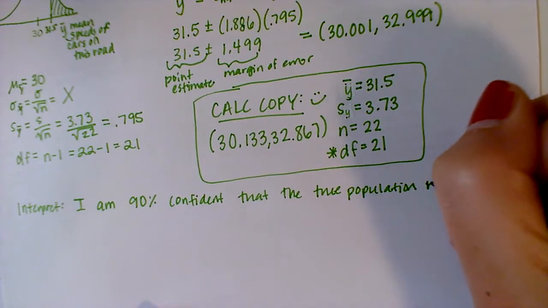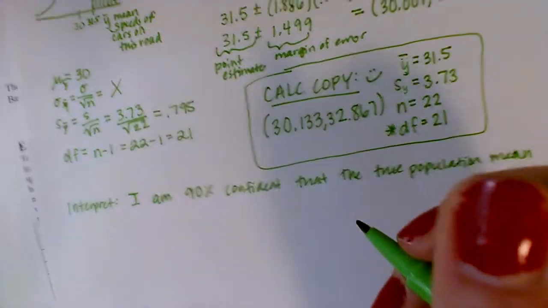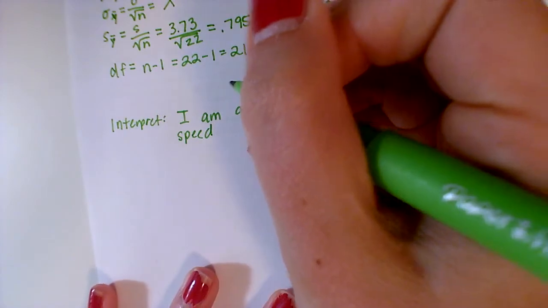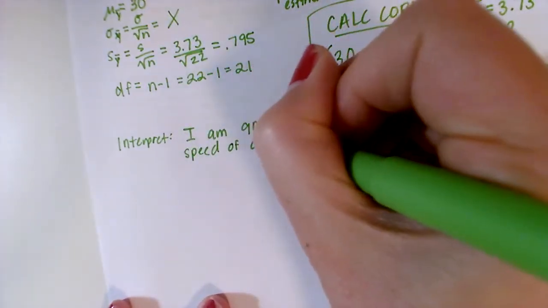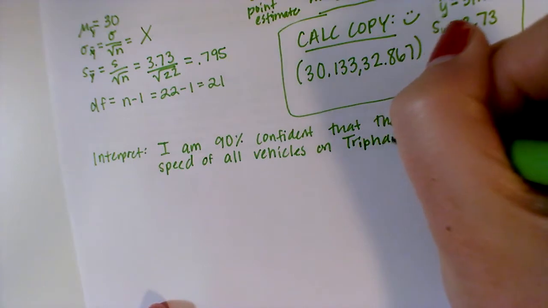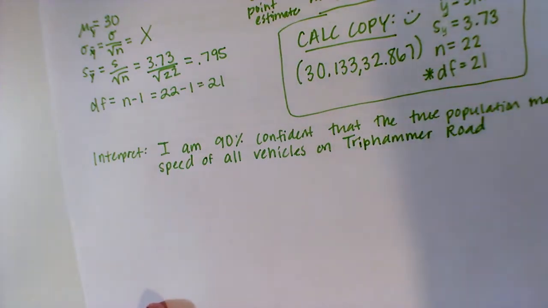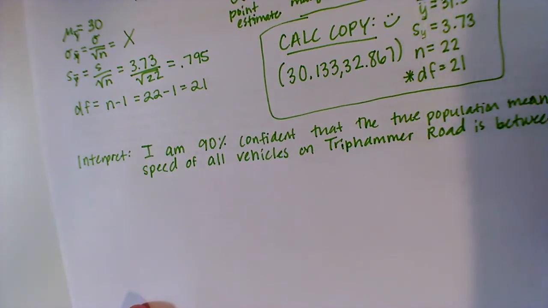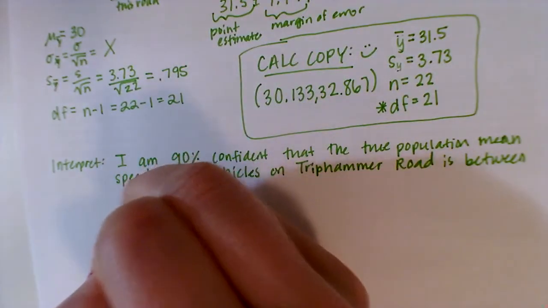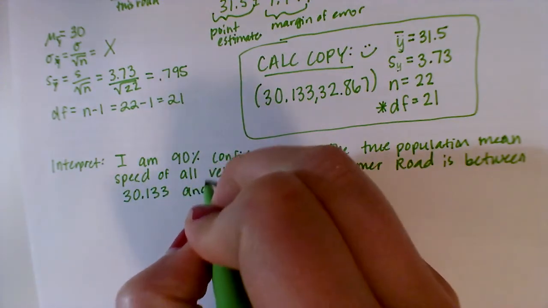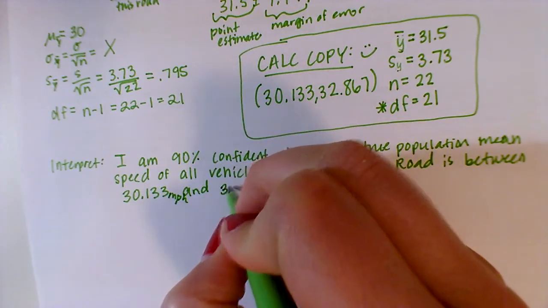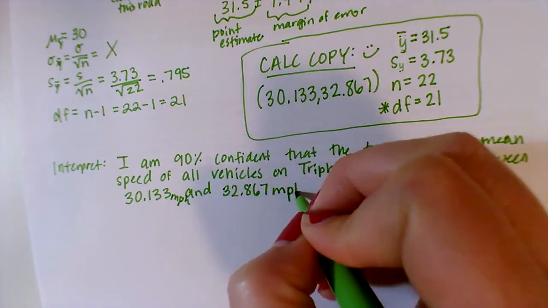The true population mean speed of all vehicles on Triphammer Road is between, and then we give some context and units, let's go ahead and do what we got in the calculator, 30.1333 miles per hour, don't forget your units, and 32.867 miles per hour. Great.